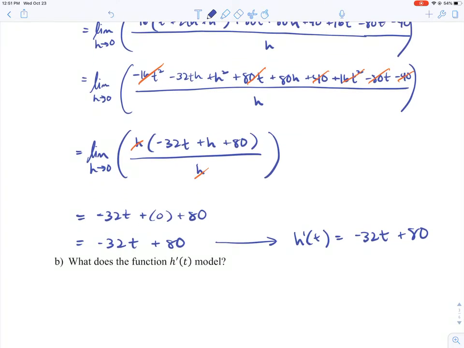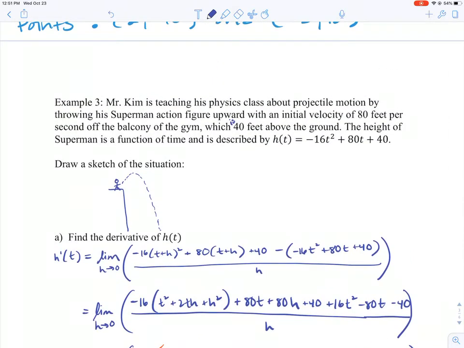What does the function h prime of t model? So the derivative of the function, this is a position function, meaning when we plug in values for time, it tells us the height of Superman off of the balcony.